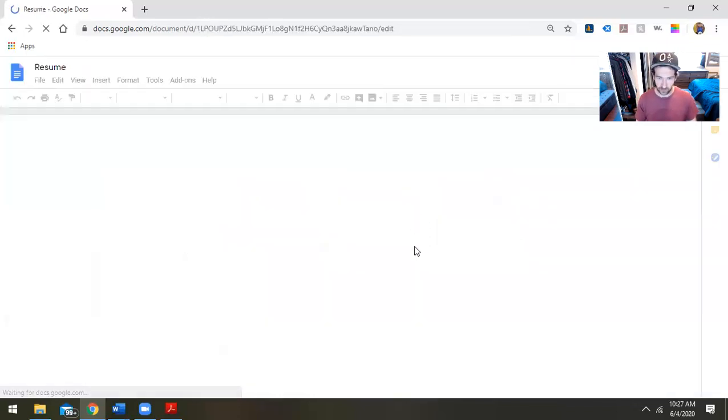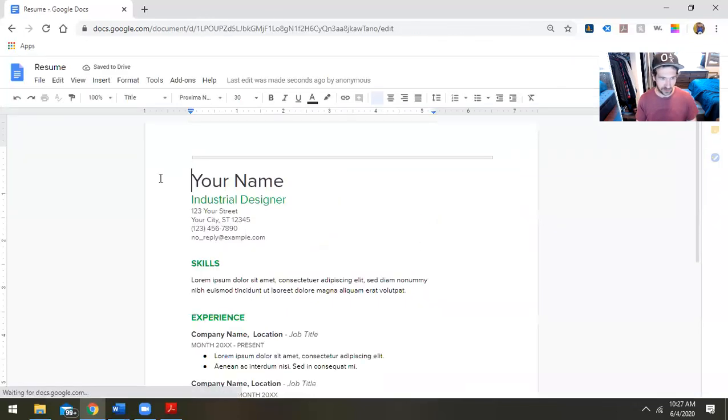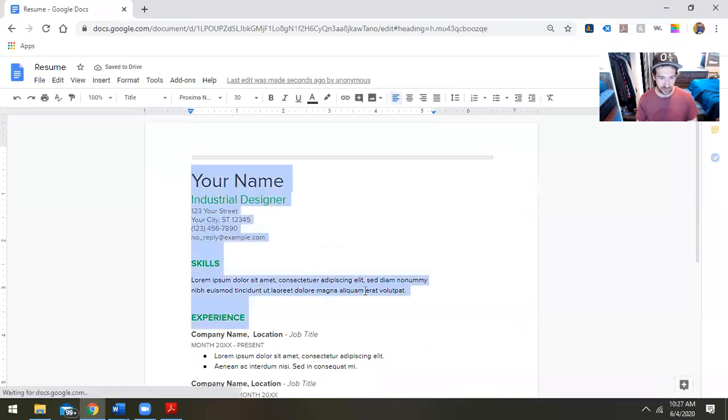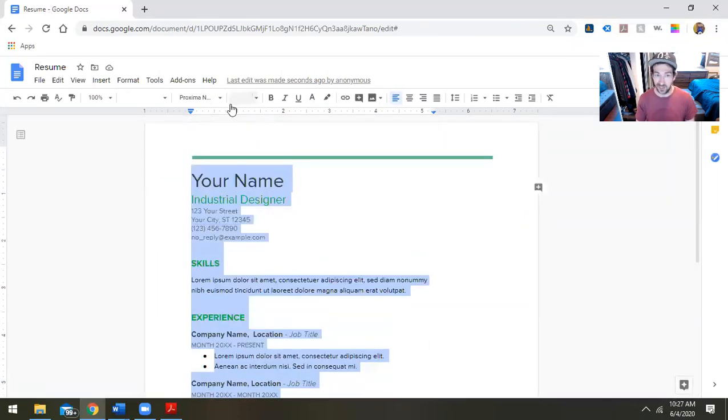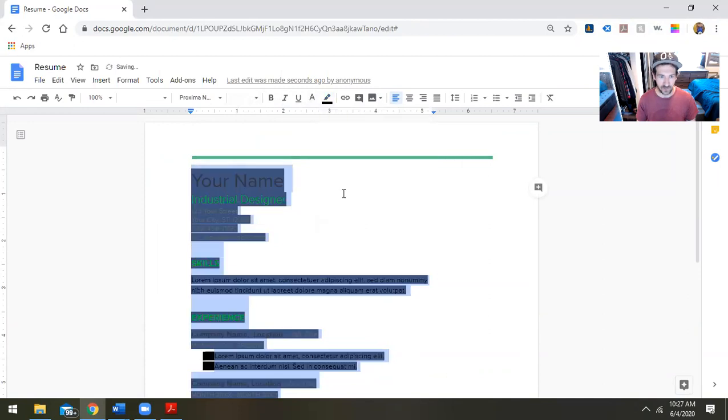But I do not like the green. I think you got to get rid of all the color, just because most of the time you're not going to print it in color anyways, and color looks a little weird on a resume. So we'll just keep that all.